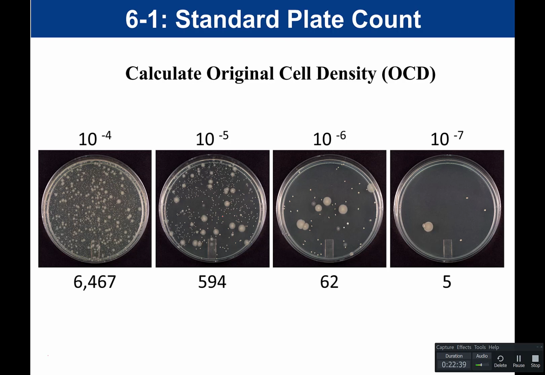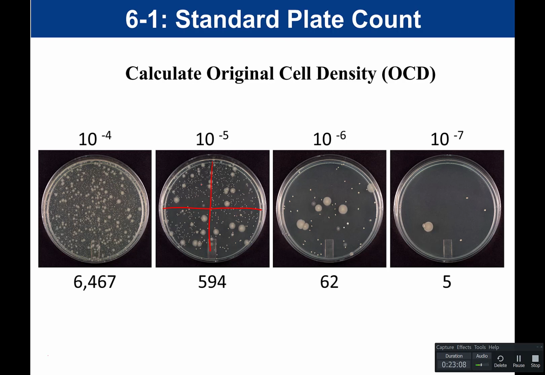So one of the things that we could do is divide our plate into quadrants. I might divide my plate into 4 quadrants. Now, don't mind my non-straight lines, but you would count one of the quadrants for the number of bacteria.